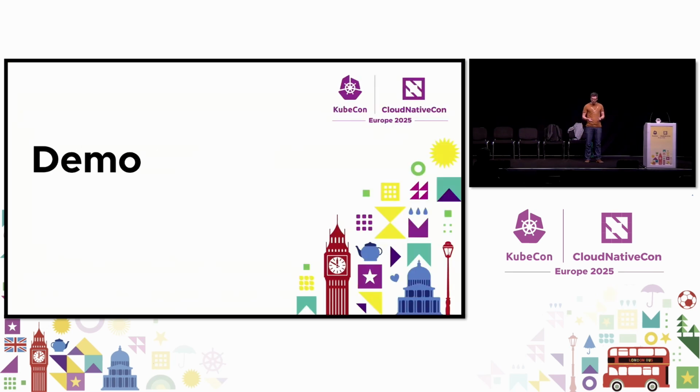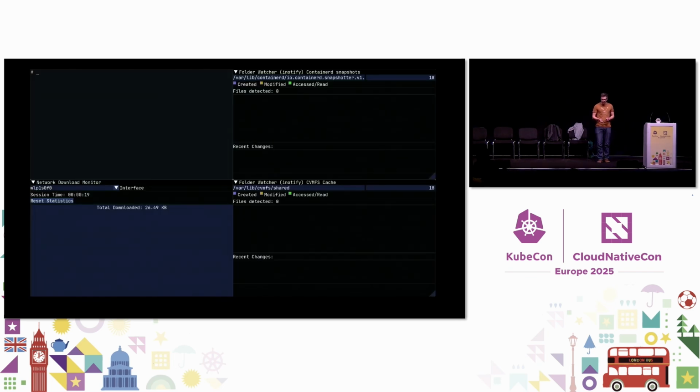I'd like to show this with a short recorded demo. The nice thing about these snapshotters is that they're very transparent, so the user doesn't really see what's happening behind the scenes. But here we want to get a few more technical details, and for this I've written a small application that shows a few additional pieces of information.